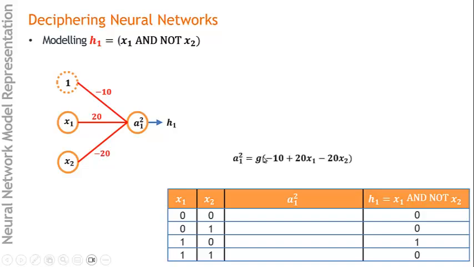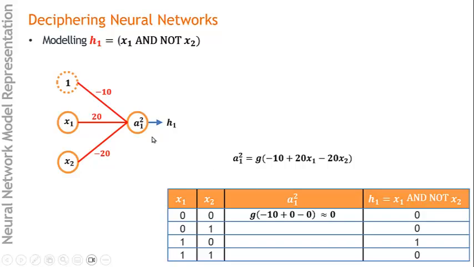So we can use this formula and just plug in x1 and x2 accordingly, right? So you'll get g of minus 10. Now remember, g is the logistic function. g of minus 10 is very, very small. That's why these weights are big. It's going to make this very, very small.